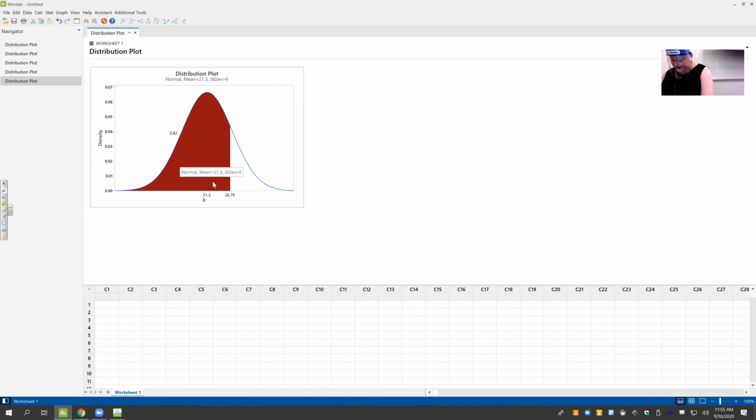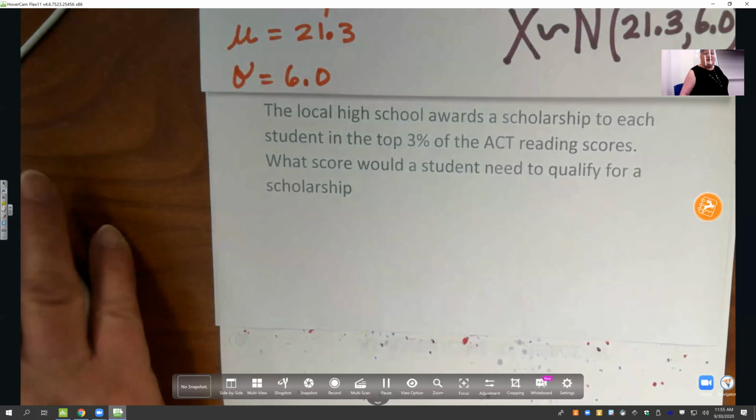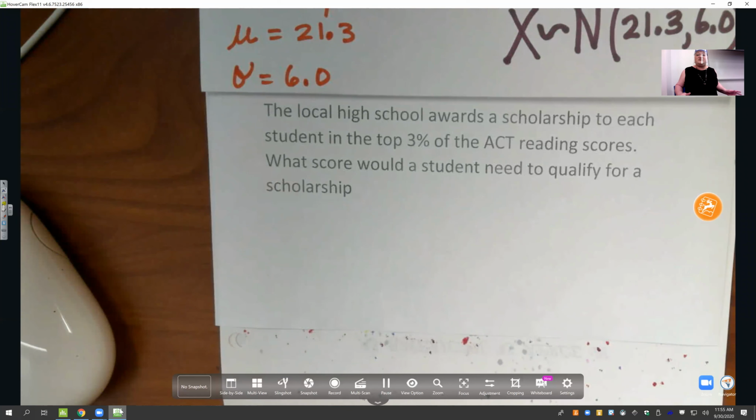Okay, let's do another one. I typed this one out because it was kind of lengthy. It says, the local high school awards a scholarship to each student in the top 3% of the ACT reading scores. What score would a student need to qualify for a scholarship?